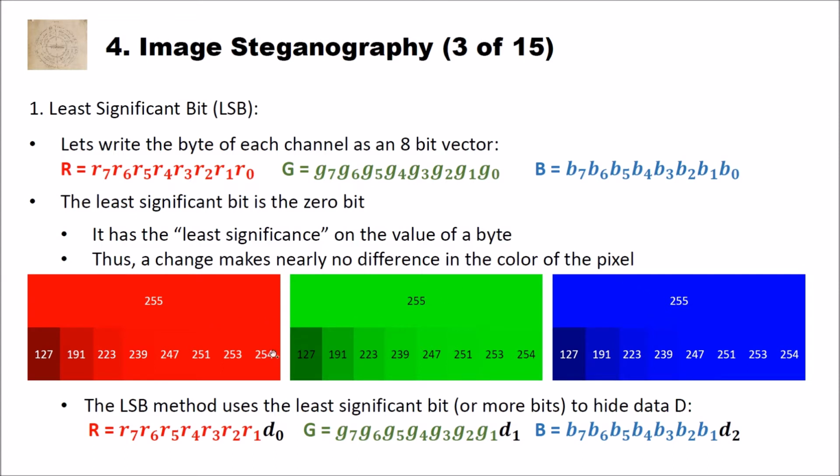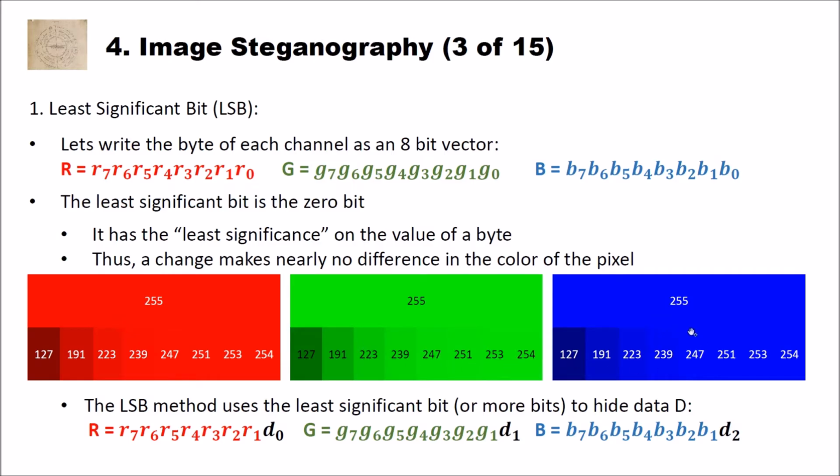Now let's change the least significant bit, and you can't see, I assume, any difference between these 2 red values, these 2 green values, and these 2 blue values. I changed all the different bits to see the difference between the color values. Starting from here, I can see on my screen a small difference in the red value. With green, I can only see a difference here on my screen, but this may depend on the screen that I use or the screen you use to watch this video.